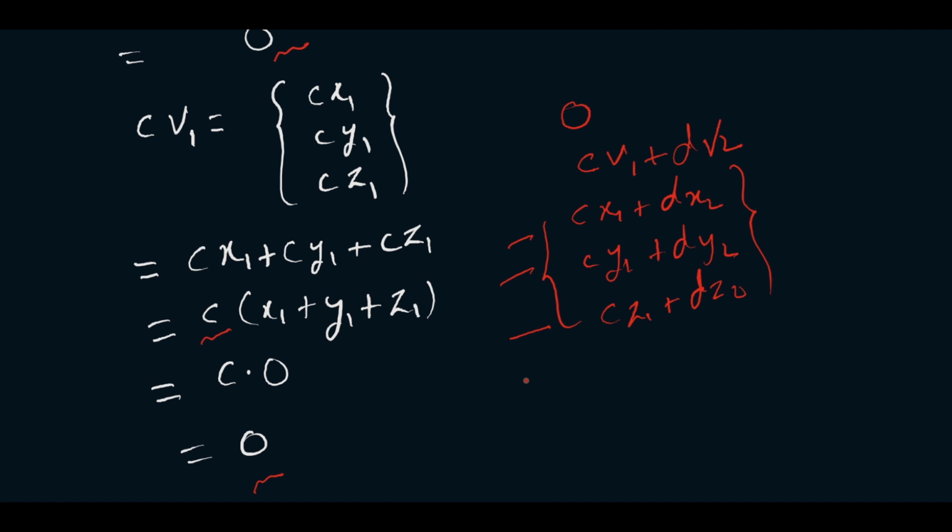Now similarly you can see here it will be c times (x1 plus y1 plus z1) plus d times (x2 plus y2 plus z2). So this will give us 0. So the linear combination of vectors is also in the same plane. Hence the plane through the origin in R3 is a vector space.